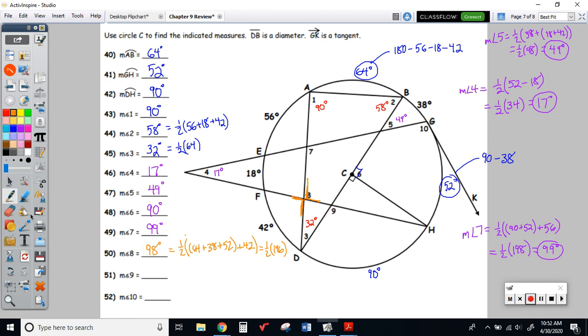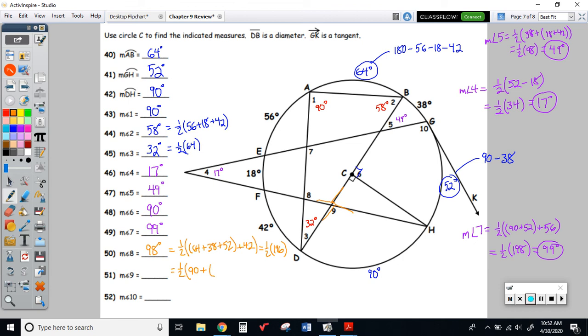The measure of angle 9 looks like another instance where I could use that same idea, 1/2 of the intercepted arcs with respect to the angle and its vertical angle. So measure of angle 9, 1/2 of, and then this cuts through 90 degrees right there, so 1/2 of 90, and then its vertical angle right here would cut through 64, 56, and 18, the sum of that.